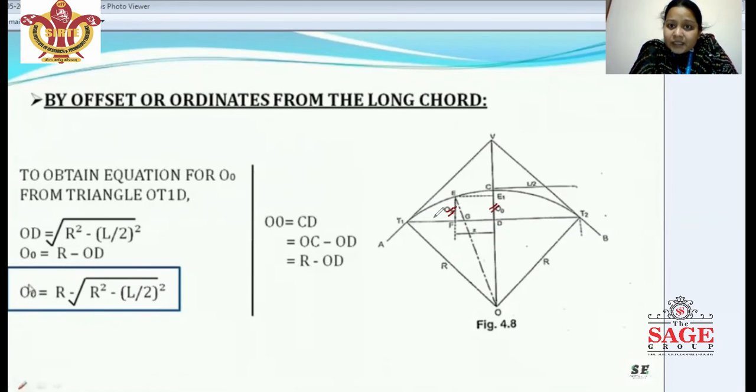This OX distance is parallel to the O node distance. Clear? Now come to the next slide, the previous slide which we have been discussing.